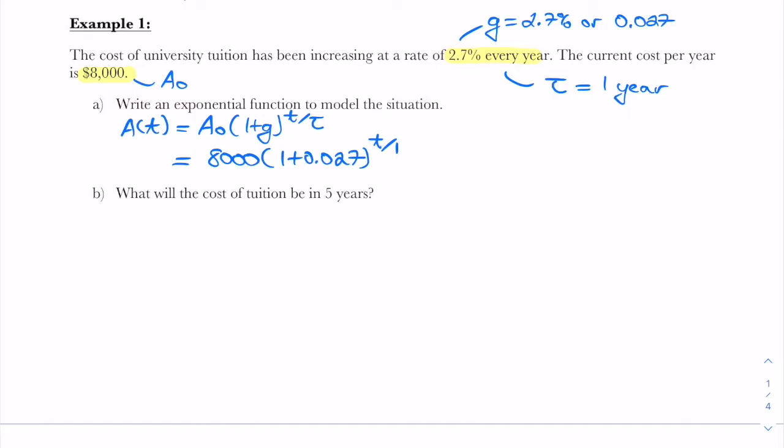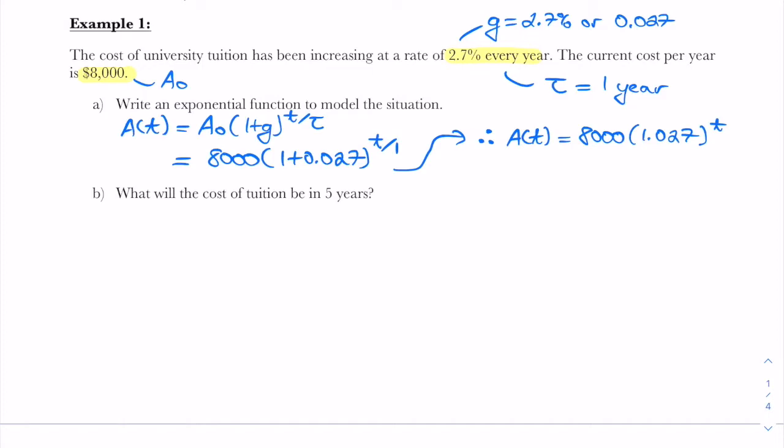So I would add the 1 and 0.027 inside of the brackets. And as for the exponent, anything divided by 1 is just itself. So final answer. And that's going to be our simplified exponential function representing the cost of tuition as a function of time.